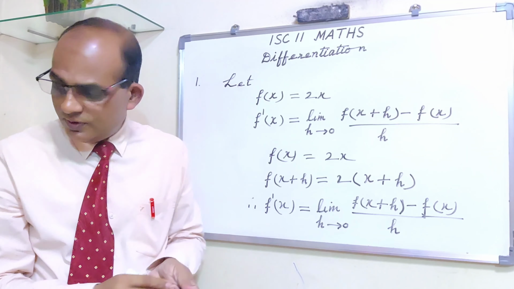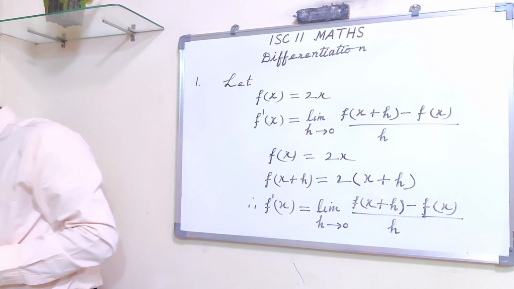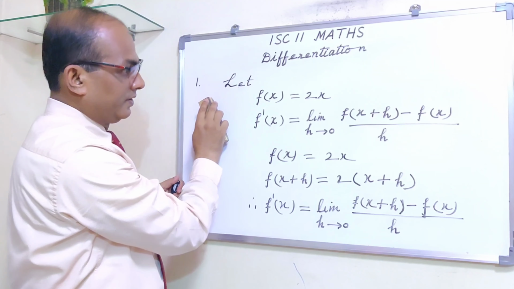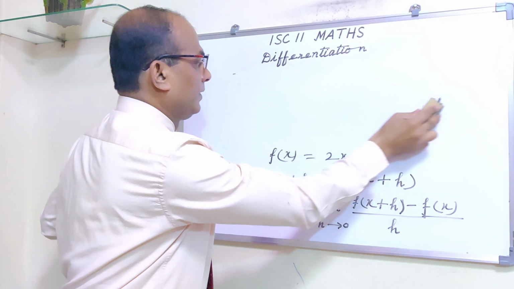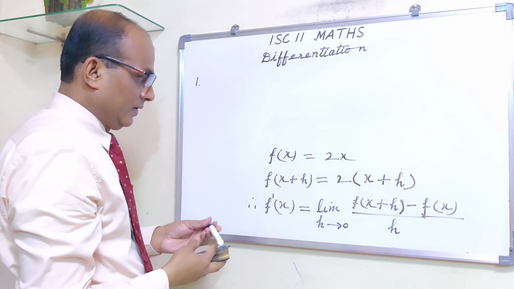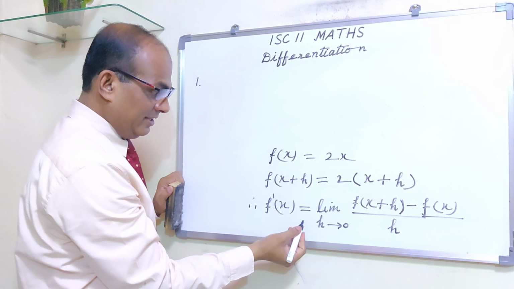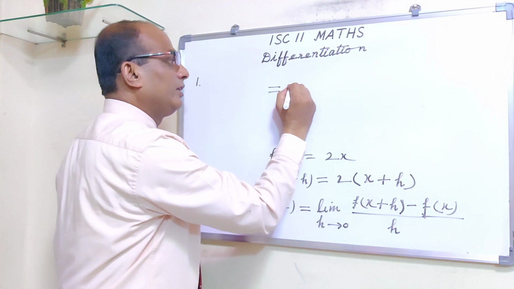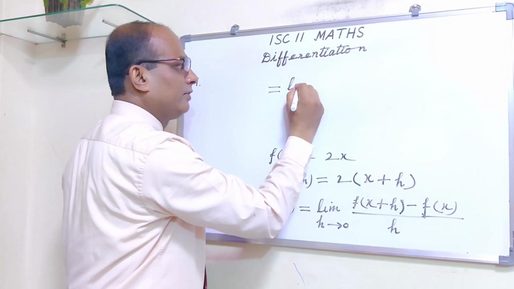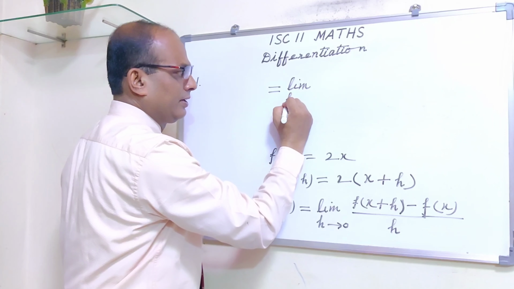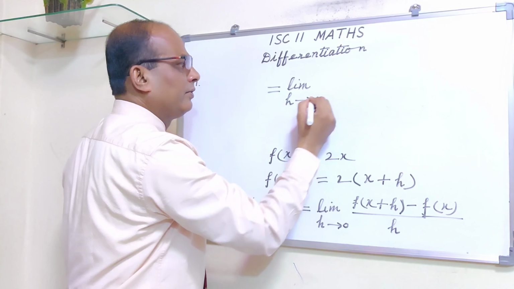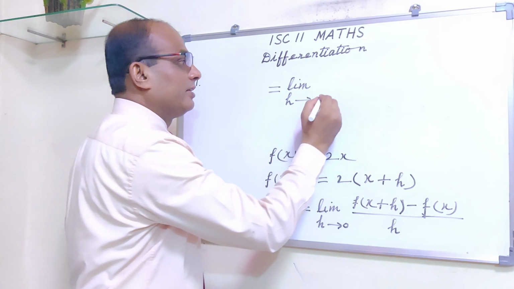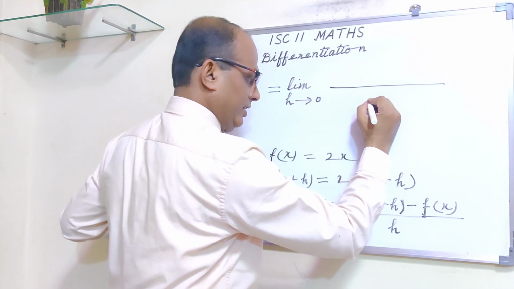Now this is equal to limit h tending to 0. f(x plus h) means this one, f(x plus h) is 2 times (x plus h), whole divided by h.